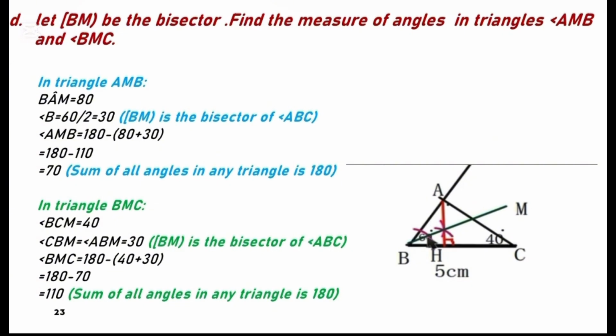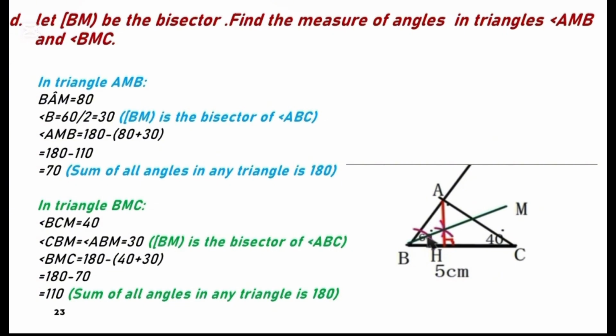What is the meaning of equal? They have the same measure, so we want to divide the whole angle by 2. So 60 divided by 2 equals 30. So angle ABM equals angle MBC equals 30 degrees. Why? Because BM is the bisector of angle ABC.